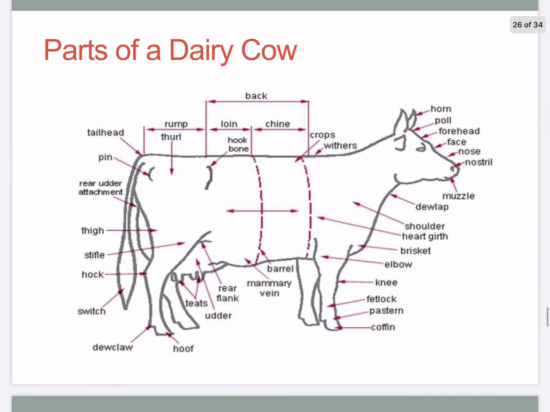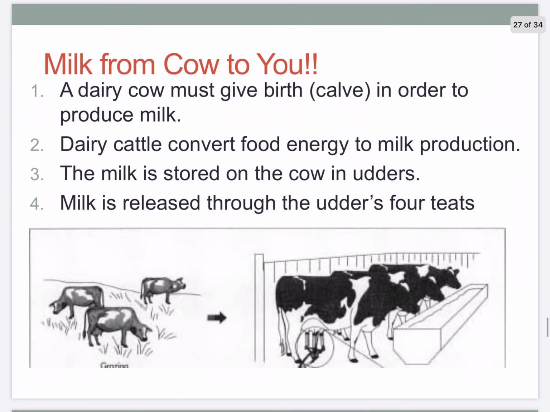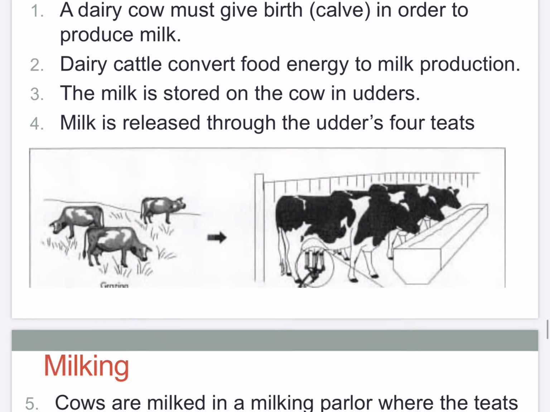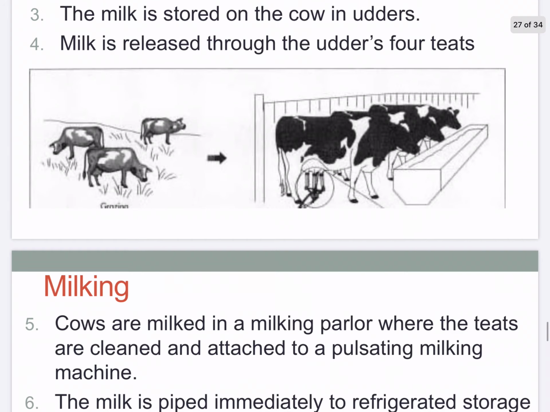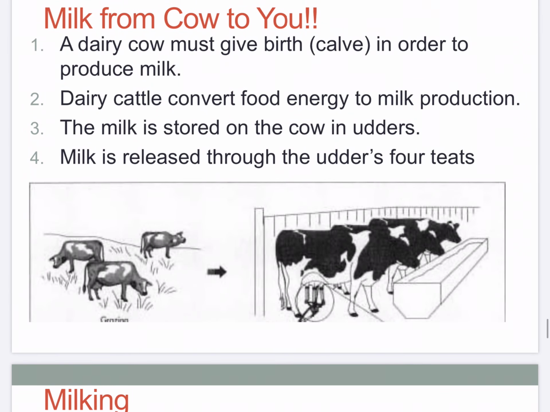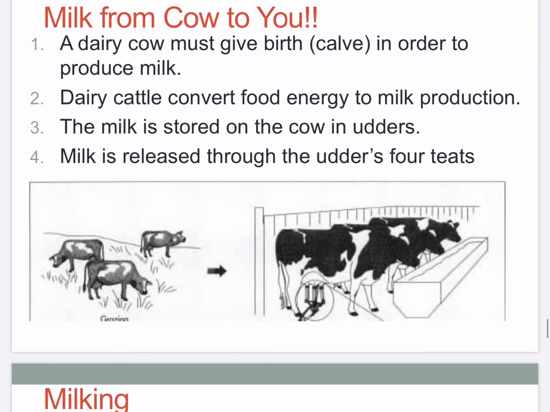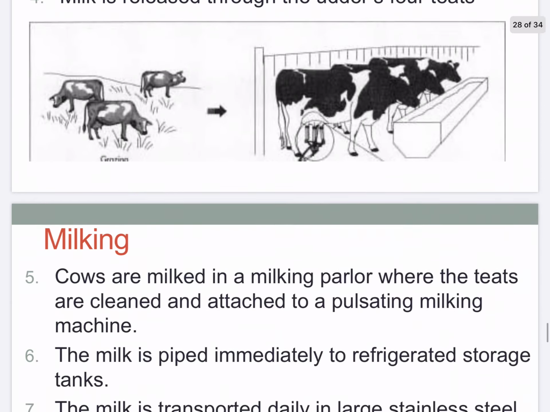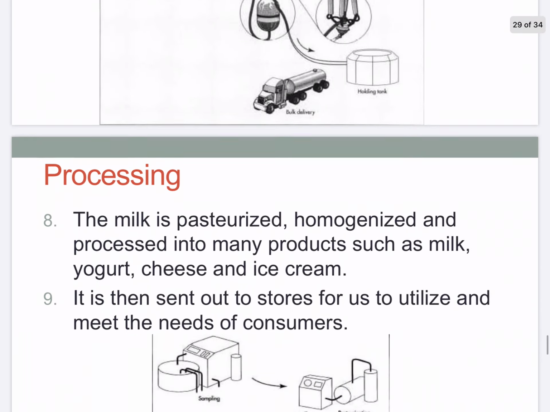And then we have parts of a dairy cow, which is not on this worksheet. It's probably on another one, so we'll skip that for now. So milk from cow to ewe. Because I have industry issues, list out the issues, environmental and food safety. I'm going to skip a few of these.